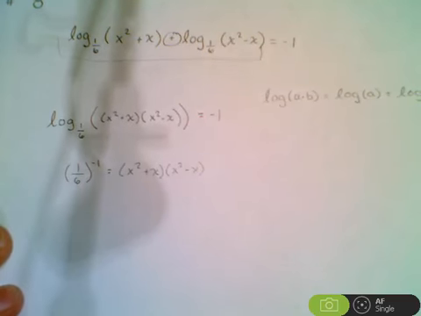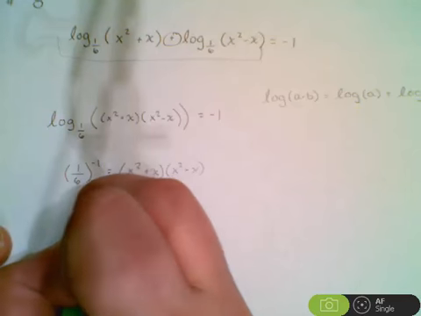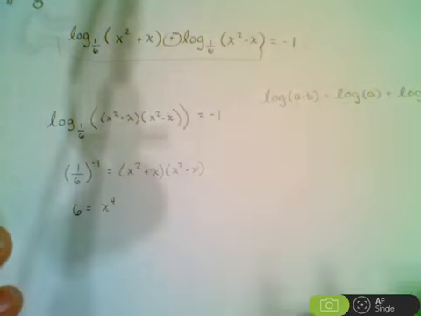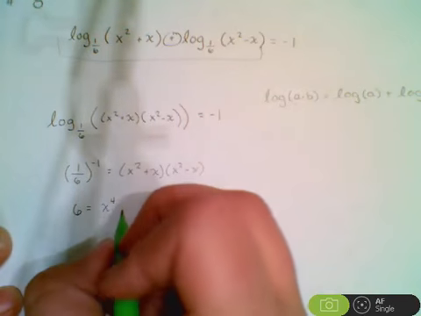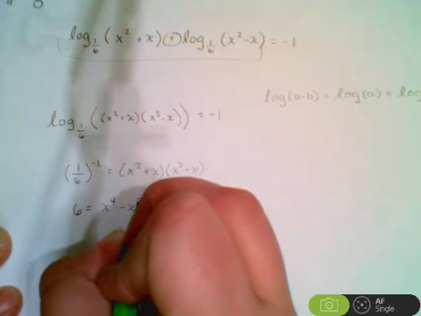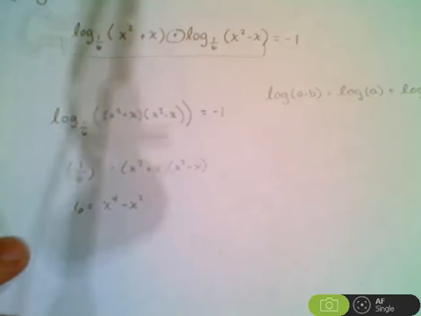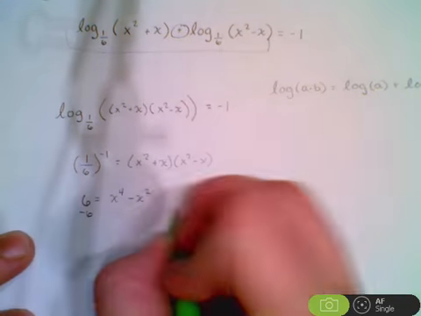Okay, well I know 1/6 to the -1st is just 6. And then if I FOIL these out, I get x to the 4th, and then the inner terms would cancel out and we get minus x squared. So then I can rewrite this and subtract the 6 over.